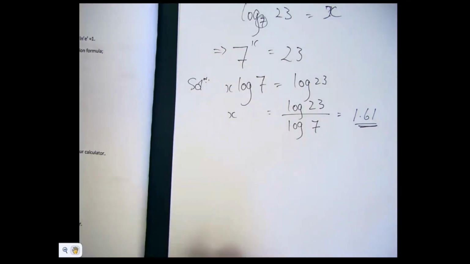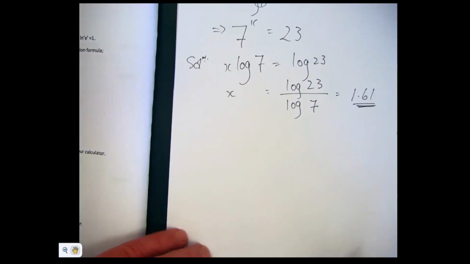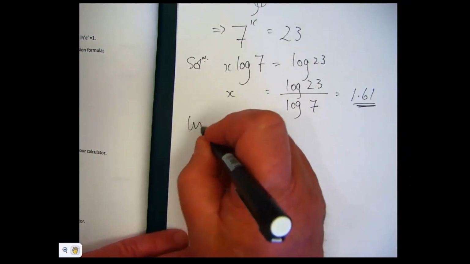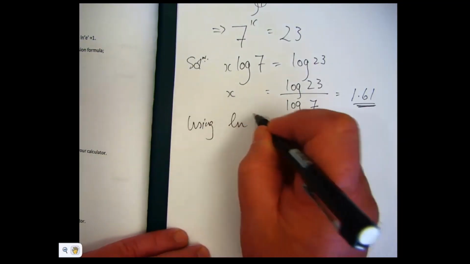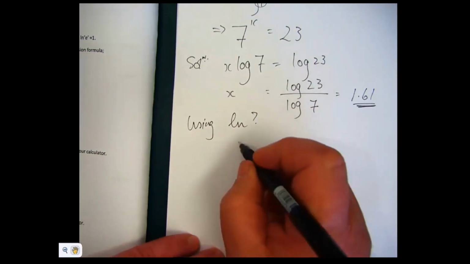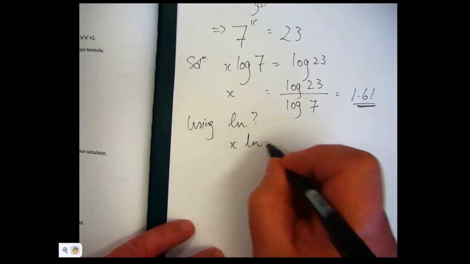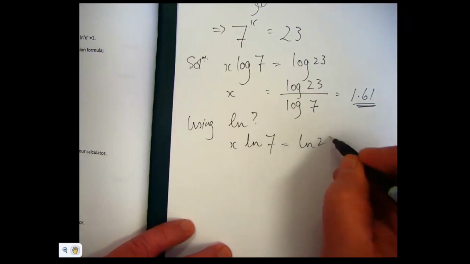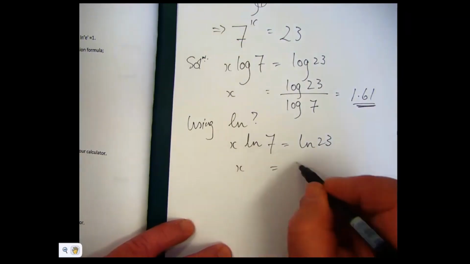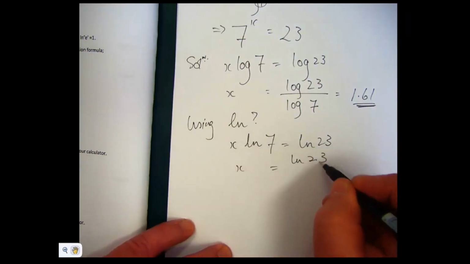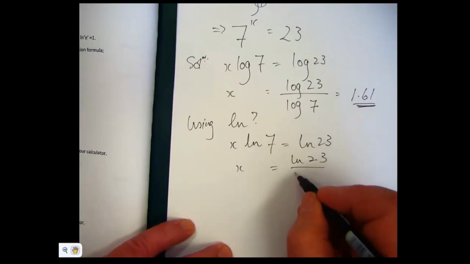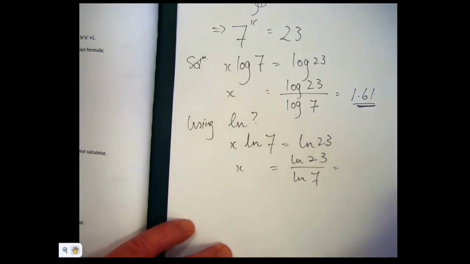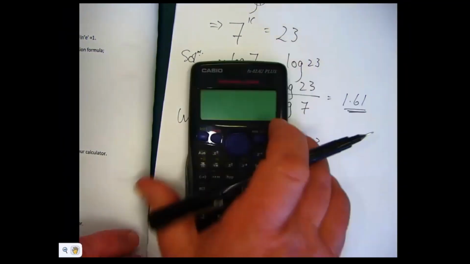Now, would it work if you used natural log? Let's check it out. x ln 7 should equal ln 23, so x should equal natural log 23 over natural log 7. Hopefully it will, but let's check it out.